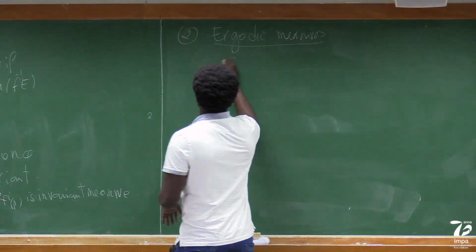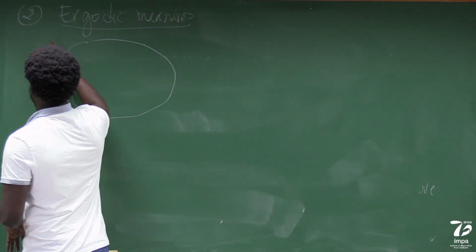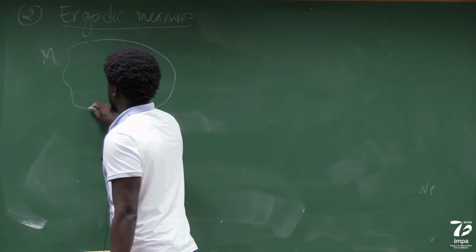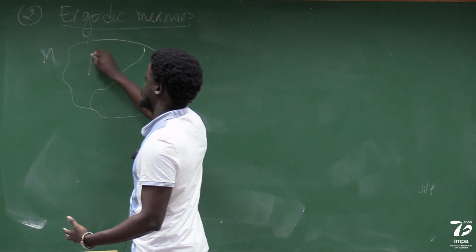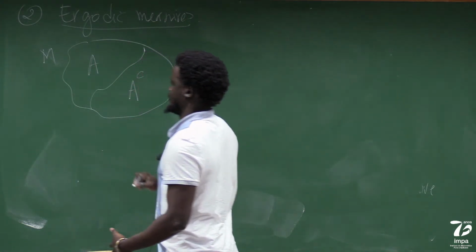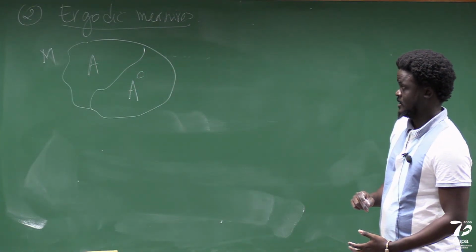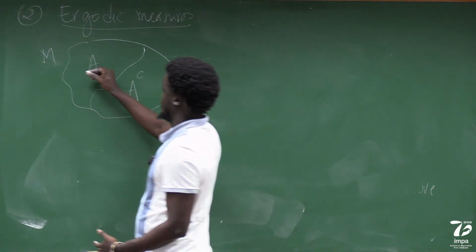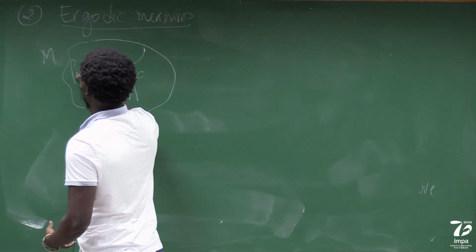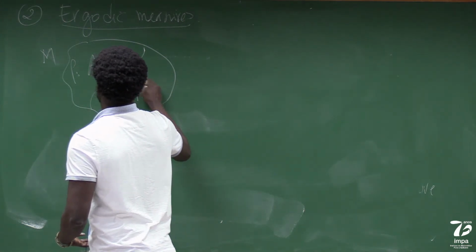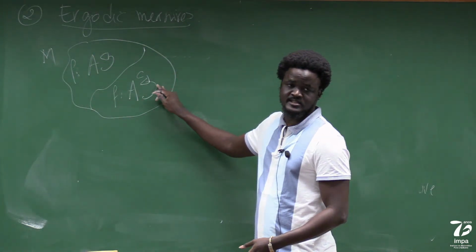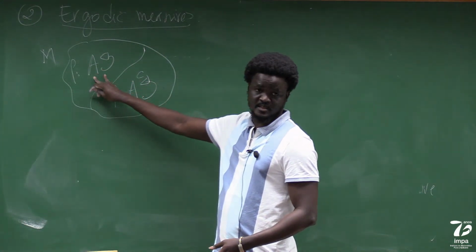Let's say this is my phase space, M. If you can have a decomposition of your space into two sets A and the complement of A, and F is invariant here, and F also is invariant here. If you take a point here, it stays here. If you take a point here, it stays here.